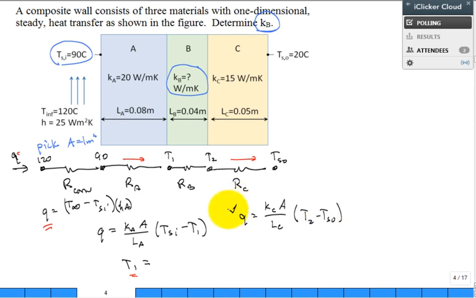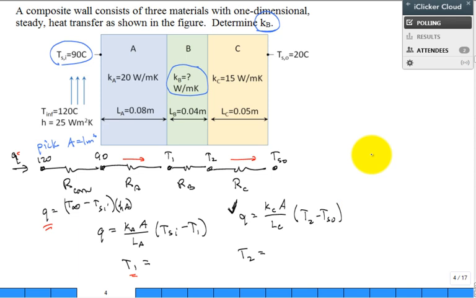Let me pause. Is this equation correct as written? Thumbs up if you like it. Look good? You follow along? So now we solve for T2. All right. You can solve for T2.